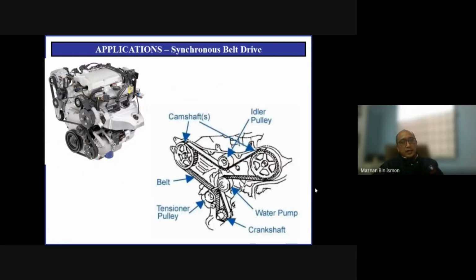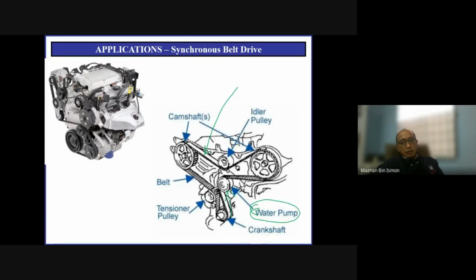Application of synchronized belt drive. Ni kalau dekat engine lah. Maksudnya one belt is connected all the way round to serve multiple applications. Either the belt want to operate the alternator, and then probably the fan system, and then probably the water pump over here.